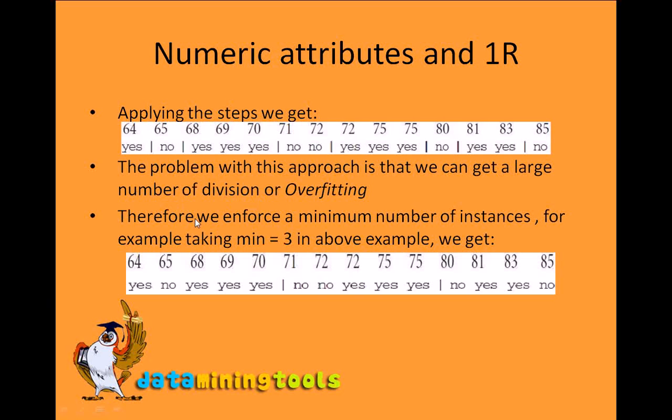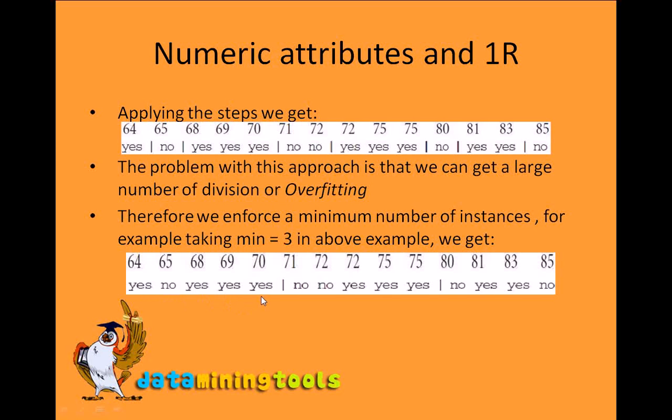Therefore, what we do is we enforce a minimum number of instances in each division. For example, in this particular case, we have taken the minimum number of instances for the majority class equal to 3. So when we have one yes, no division, then no, again we have no division.